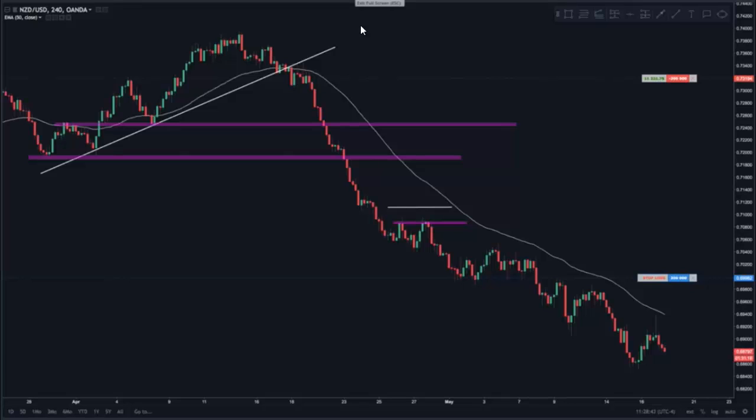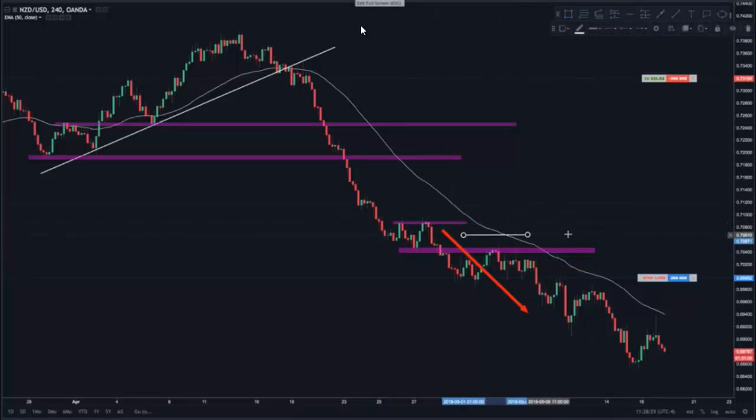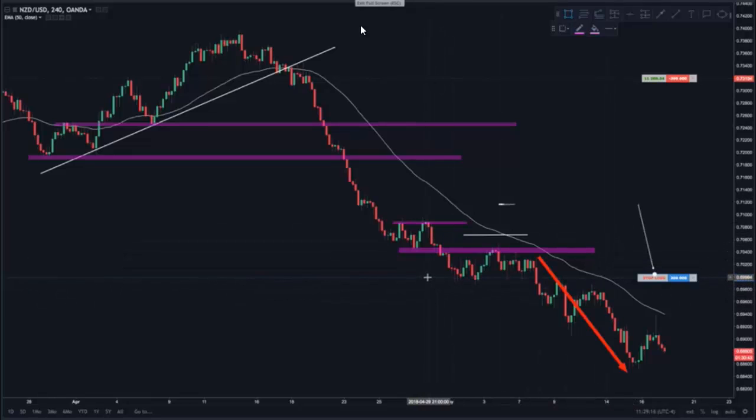Price then proceeds to move down again before starting to swing. We then move our stop loss above the highest point. Remember to not move the stop loss too close to let the trade breathe. Price then makes another move down, and we moved our stop loss to where it currently is.